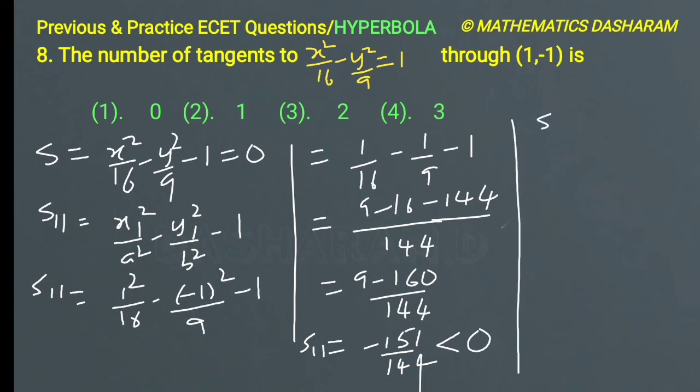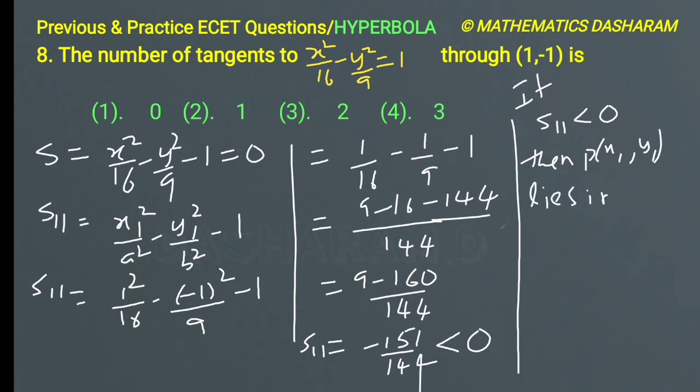So if S11 is less than 0, then the given point P(x1, y1) lies inside the hyperbola. If the point is inside the hyperbola, then we can draw two tangents to the given hyperbola. So option 3 is correct.